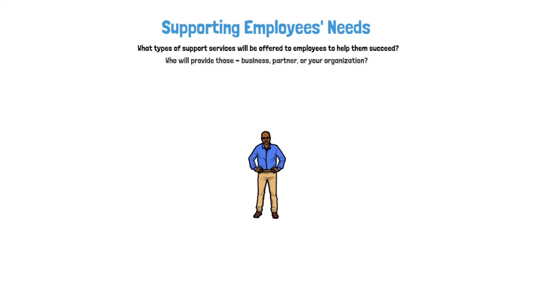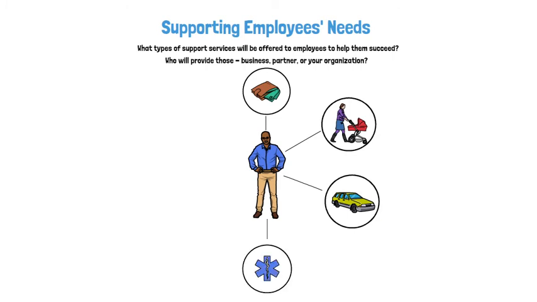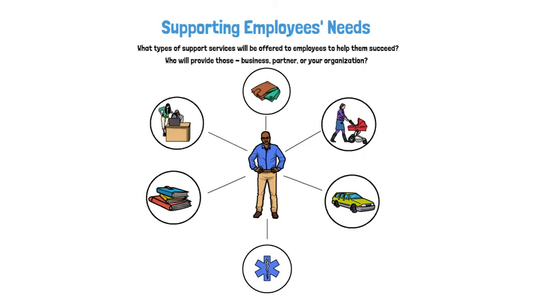Who will provide those? Business, partner, or your organization? Financial literacy services, childcare services, transportation, substance use disorder treatment, English language education, and job training are all examples of support services that meet employees' needs to maintain and succeed in employment.